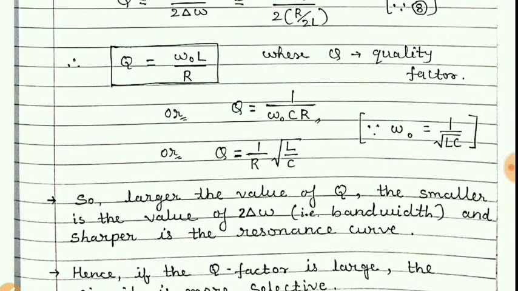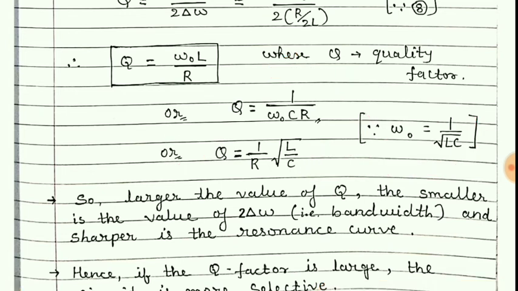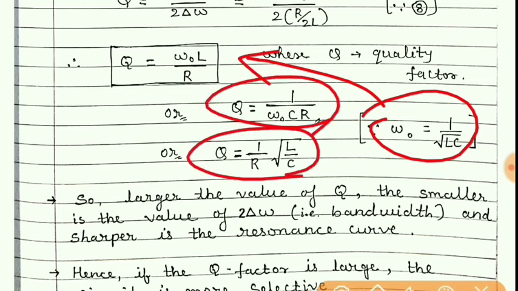Then we can get this value of Q in terms of both L and C, once again by using this formula here. So just apply this in this formula to get this formula for Q as well as this formula for Q.